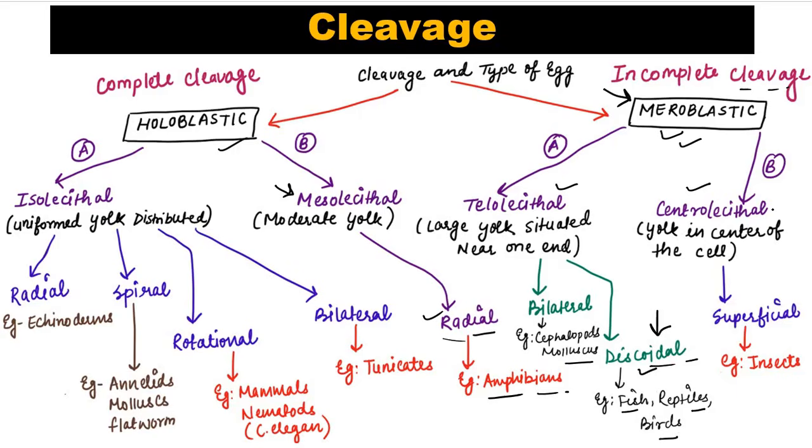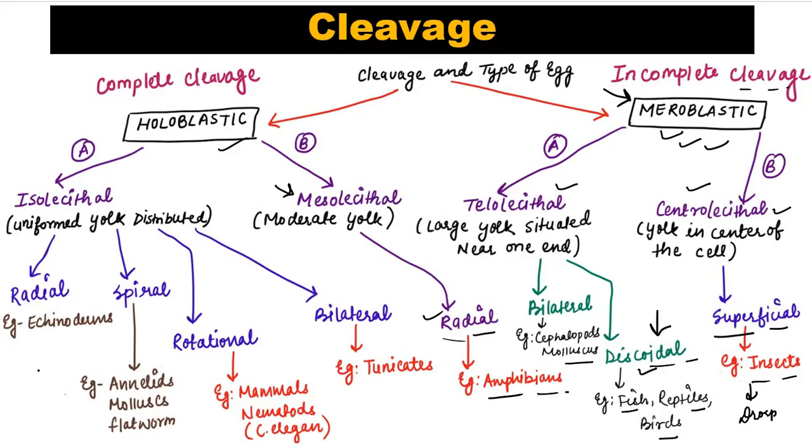If we talk about the centrolecithal, the condition when yolk is in the center of the cell, it shows superficial cleavage, mainly observed in insects. The example is Drosophila, which shows superficial meroblastic cleavage.